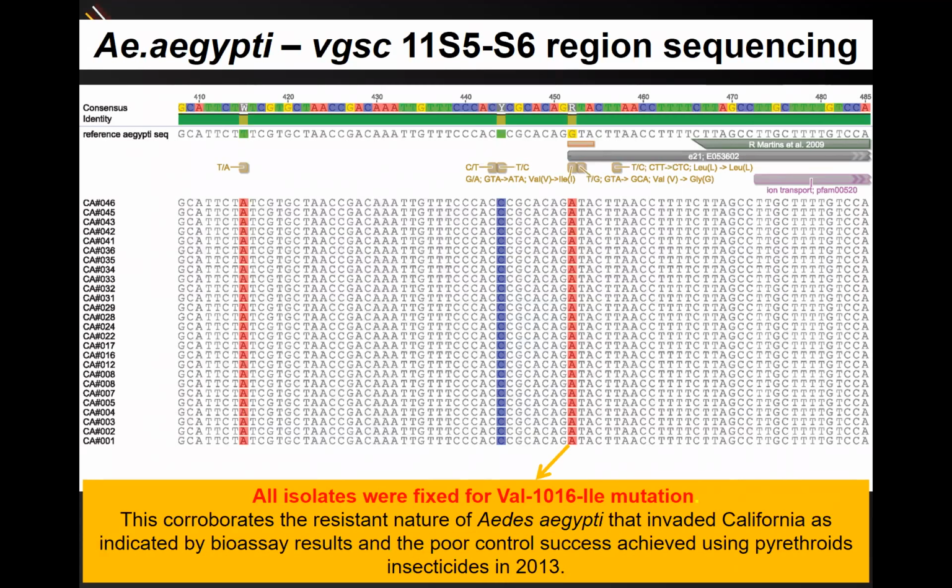So we thought, maybe there was a single introduction of Aedes aegypti that brought in with it this nice homogeneous voltage-gated sodium channel gene sequence, and so maybe resistance-wise, they might be homogeneous. But of course, that's not reality. Never is.